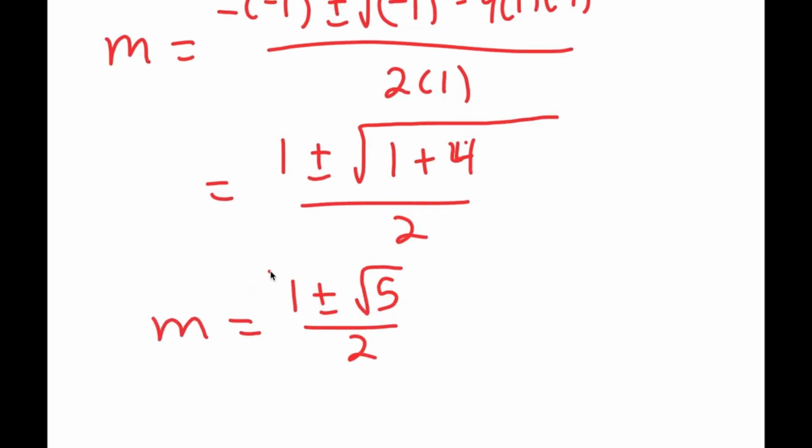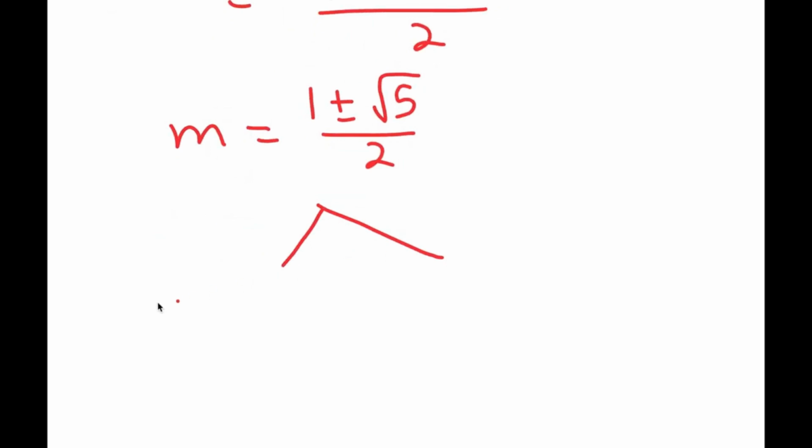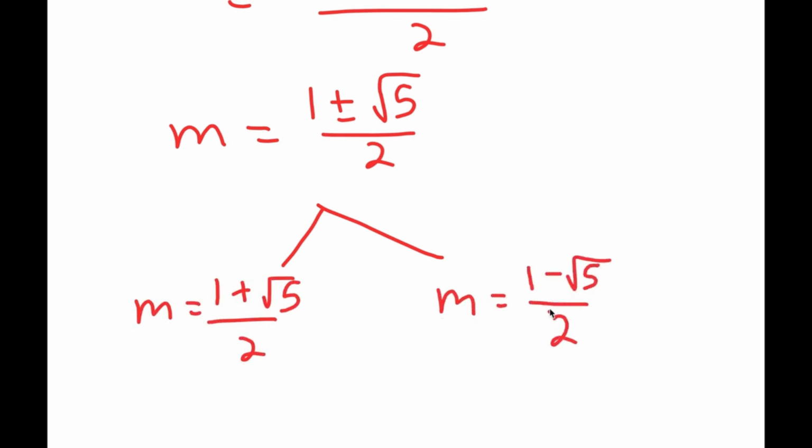So this is the value of m. And to be precise, the two values of m are (1 plus the square root of 5) over 2 and (1 minus the square root of 5) over 2.